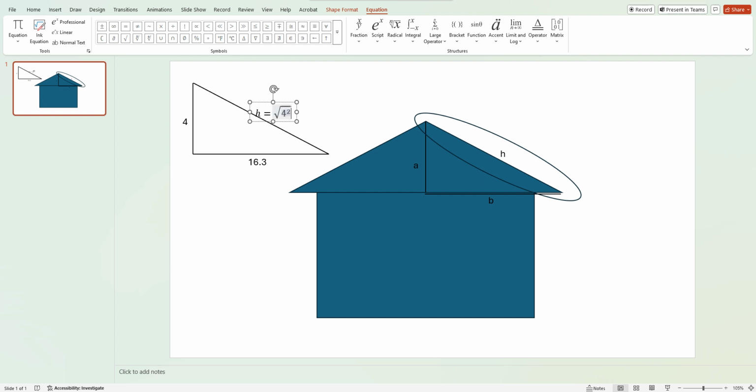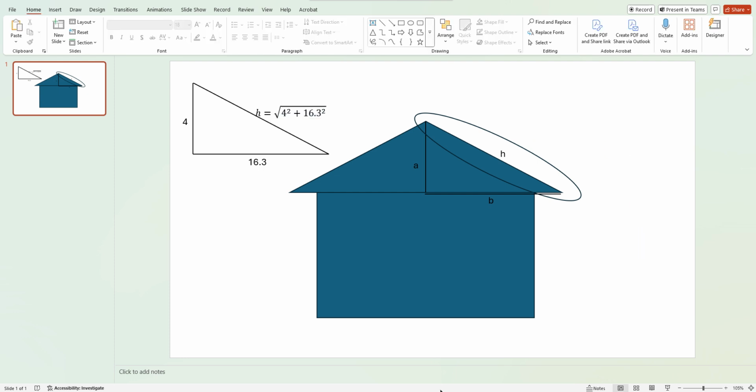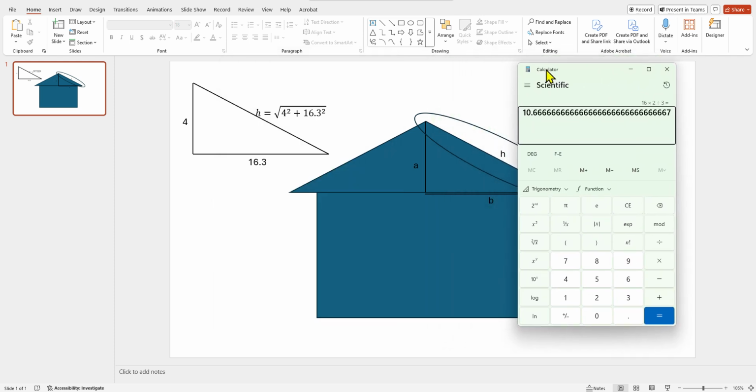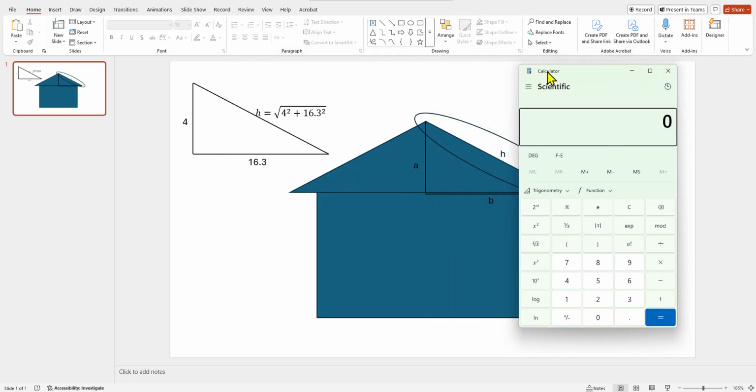All right, and so what's that number? Well, let's see. 4 times 4 is 16, plus 16.3 times 16.3.